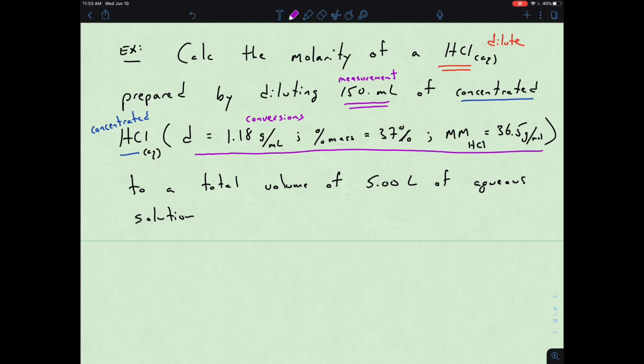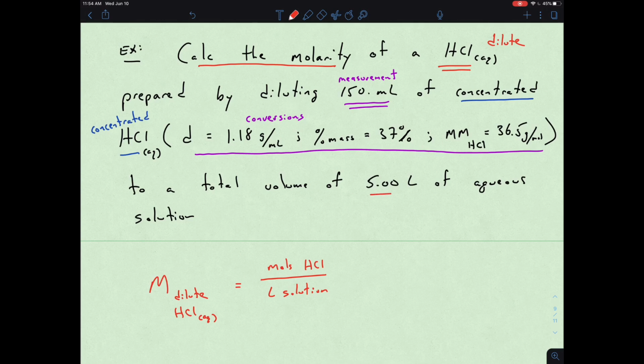So if we look at where we want to go, we want to calculate the molarity of this dilute HCl. So we could write that, saying we want to know what that molarity of the dilute HCl would be. And what would that entail? Well, we'd have to know moles of HCl, and we also have to know volume in liters of solution.